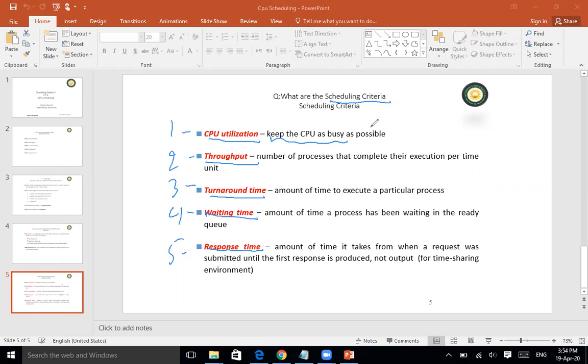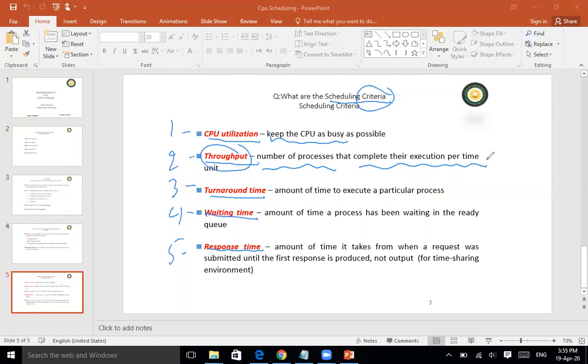So number 2, as a criteria, we have throughput. Throughput means how much we get done in a particular time. The number of processes that complete their execution per time. So how many processes finished in a fixed amount of time, this is called throughput.